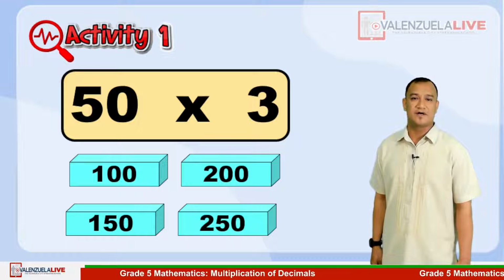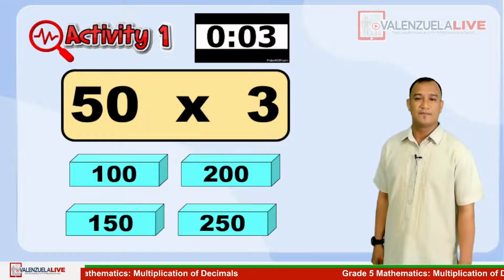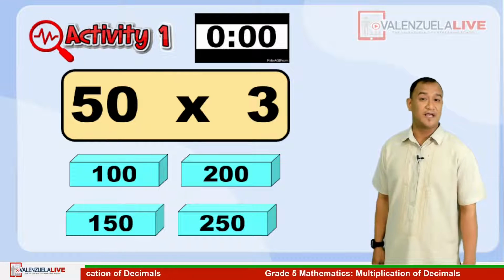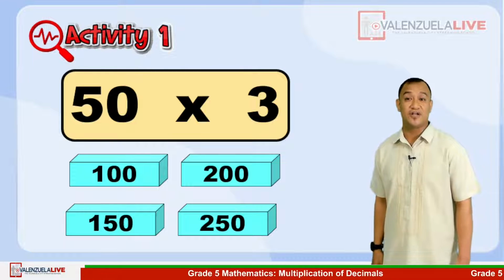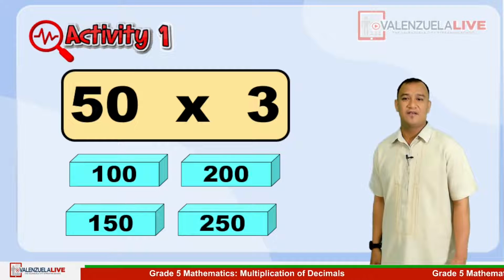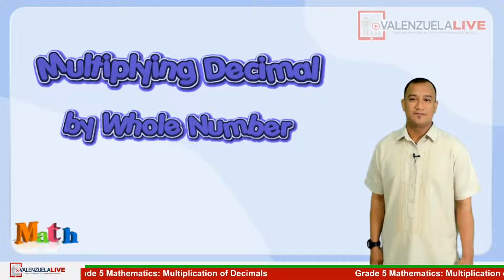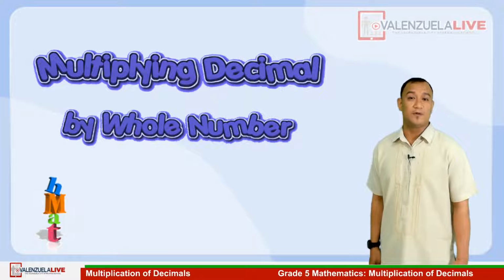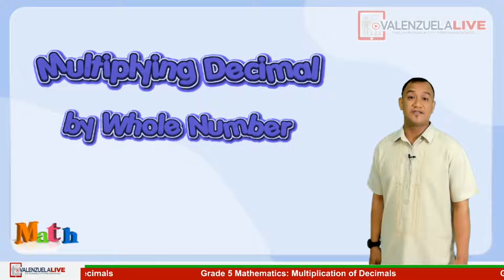Your time starts now. Okay, time's up. What is your answer? Okay, the answer is 150. So now that you already know how to multiply whole numbers, multiplying decimals will be easier for you to solve.